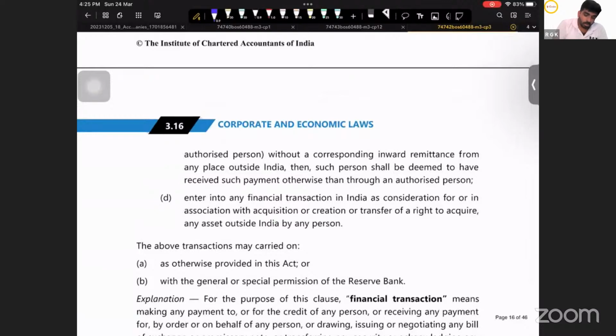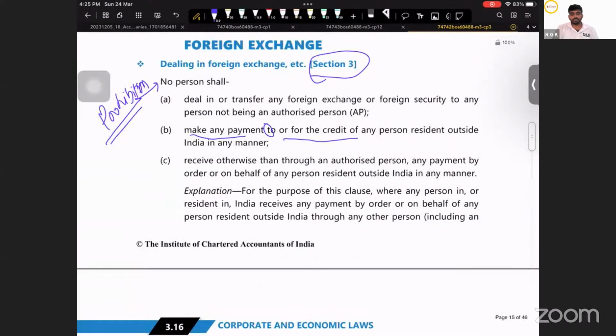See, the above transactions may be carried on as otherwise provided in this Act or with general or special permission of RBI. You can send it as per the provisions of FEMA, otherwise you cannot send any money to your brother.